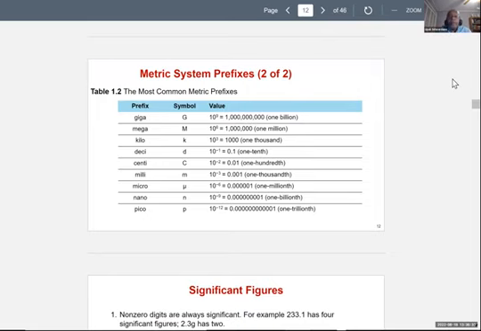For a small number in the measurement with a lot of zeros in the decimal place, we can use kilograms or micrograms rather than just using grams. So this is scientific notation applied to the unit system.